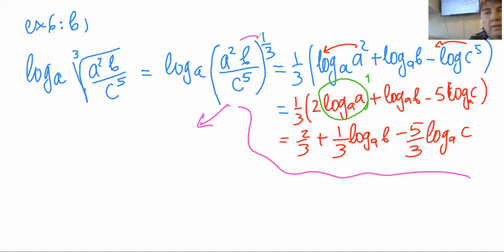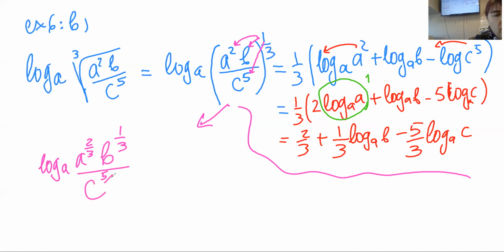So this would be logarithm with base a of a to the power of 2 over 3 times b to the power of 1 over 3 over c to the power of 5 over 3.